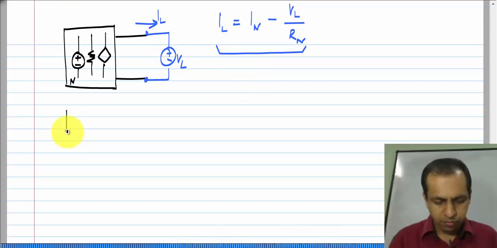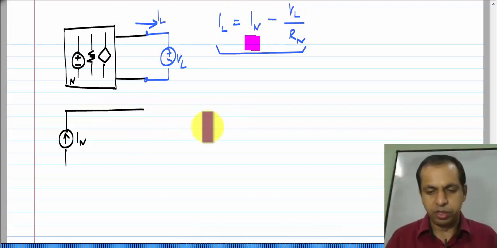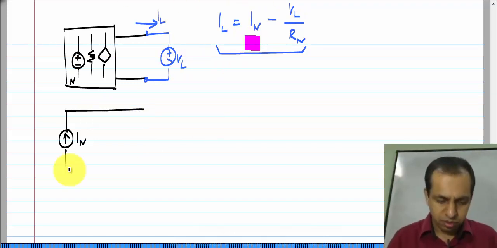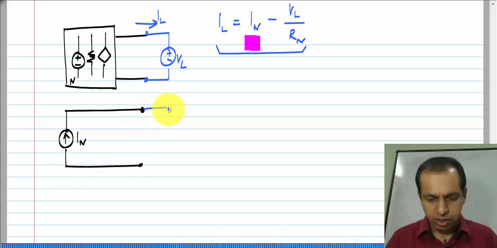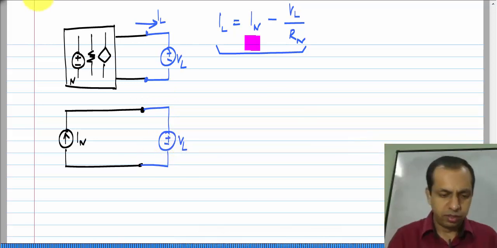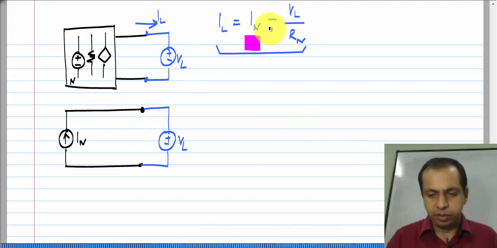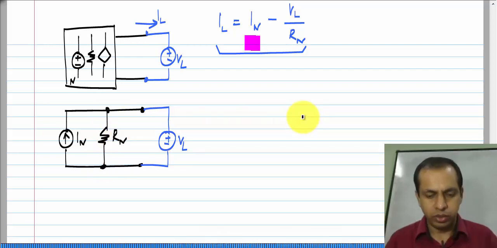Okay. The current I N, which corresponds to this particular term. Okay. And then I have the voltage V L over there, and to get this term I simply connect a resistance R N. Okay.